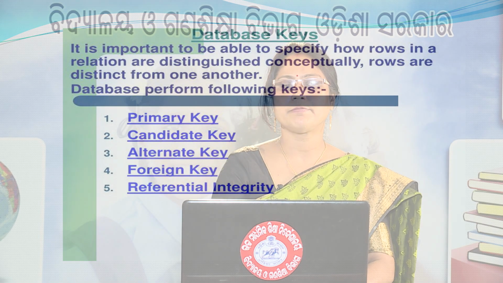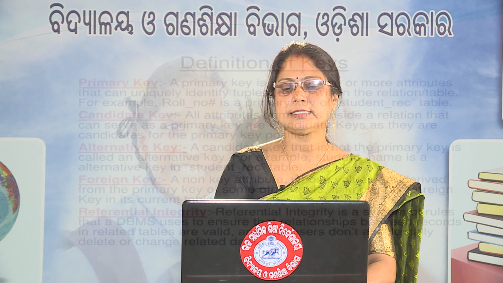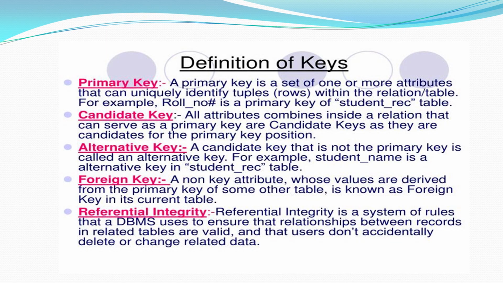So, what does it mean by primary key and what is the need of this primary key? A primary key is a set of one or more attributes that can uniquely identify tuples or rows within a relation or table. For example, we can say registration number or roll number of a student.